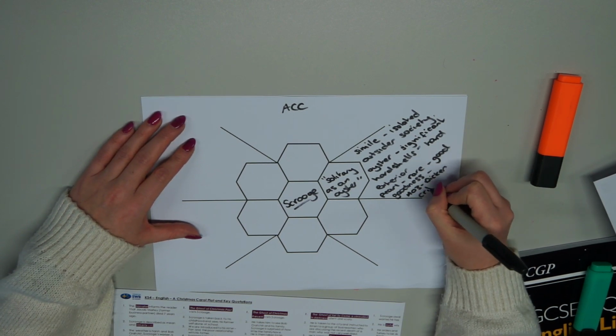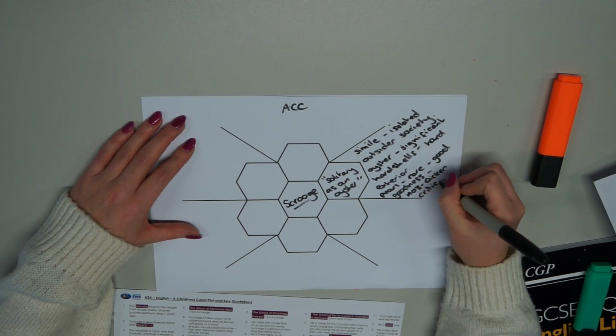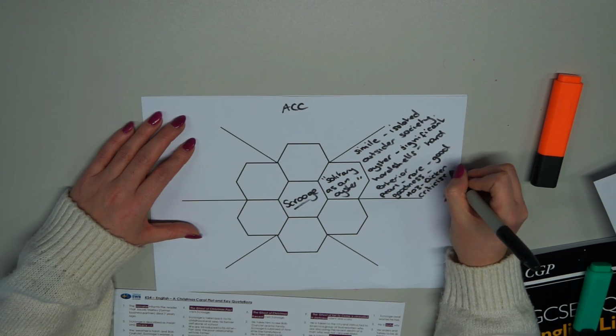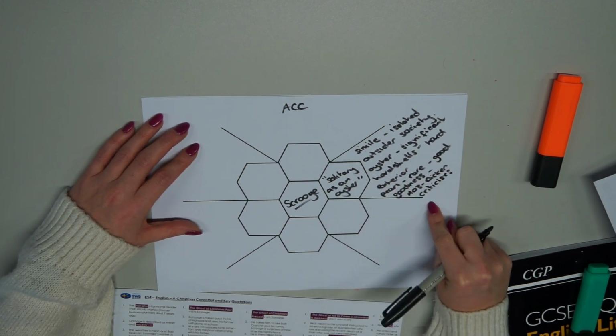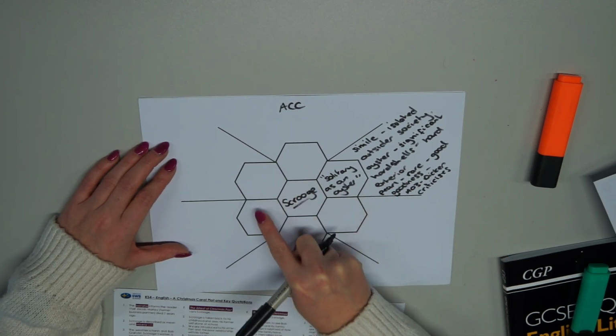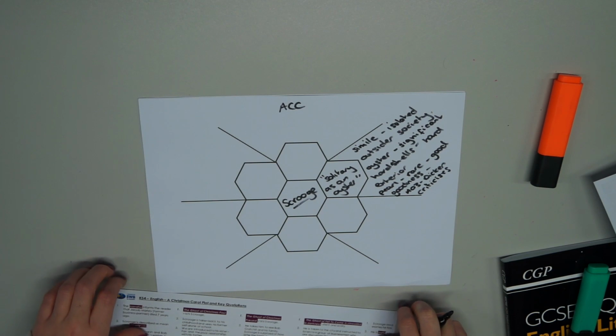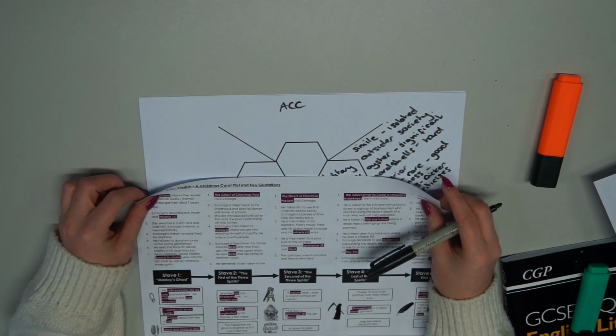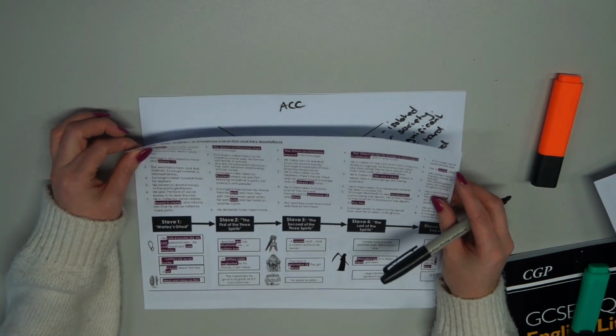So I might comment here more about how Dickens sort of criticises society, and I would have much more room to write that. And then what you would do, Year 11, is take further quotations and you would have further exploration of them, and you can use your knowledge organisers to help you do that.